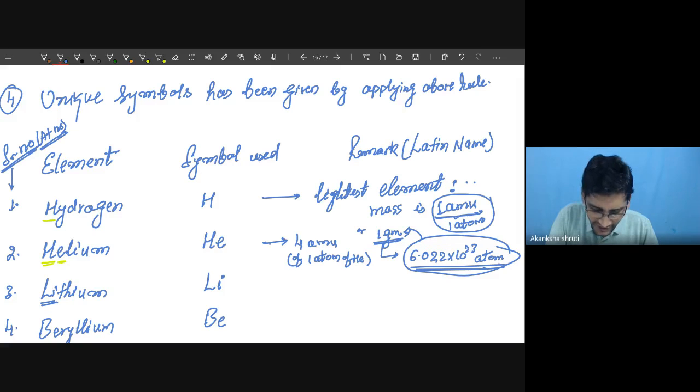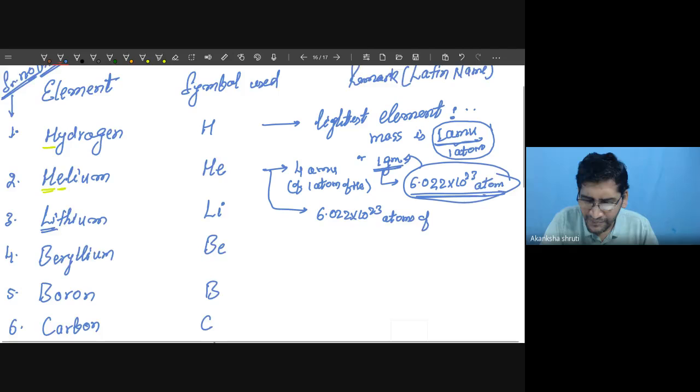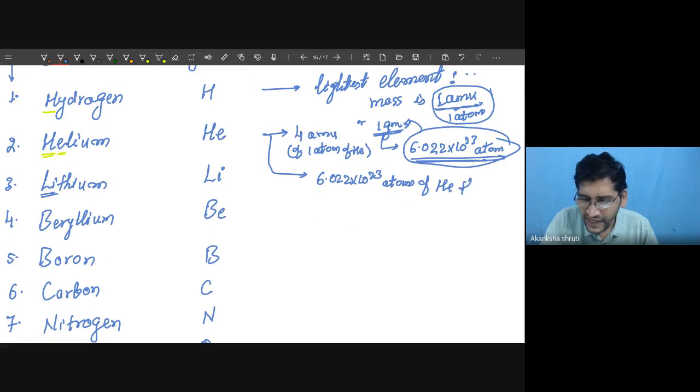But if you are taking 6.022 into 10 to the power 23 atoms of helium, then its mass will be the same 4, but the unit will change to gram.